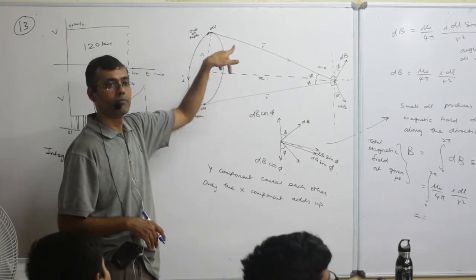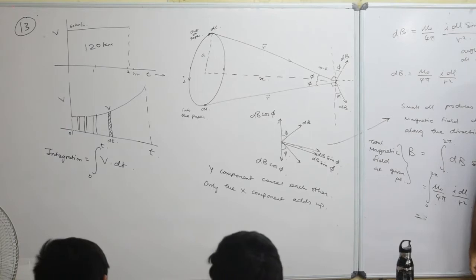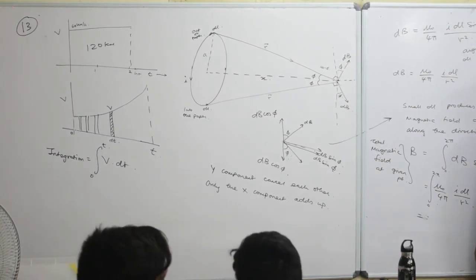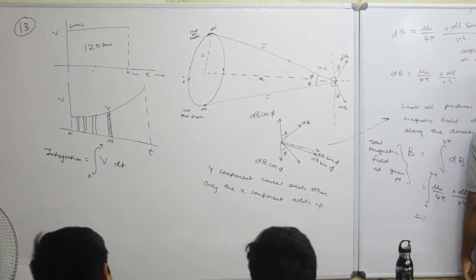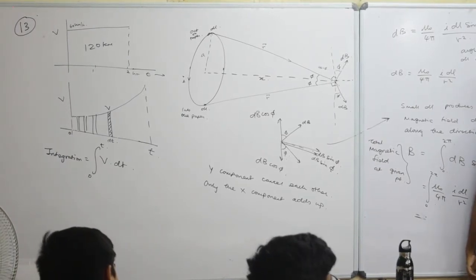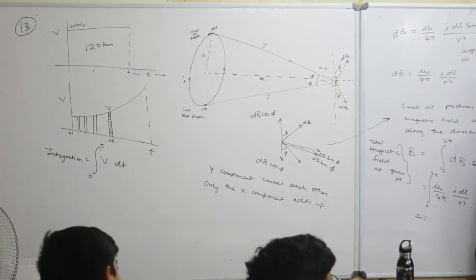Do you agree? So I can say dl here, a by r cube, mu naught by 4 pi I. So r is nothing but a squared plus x squared to the power 1 by 2, cubed.